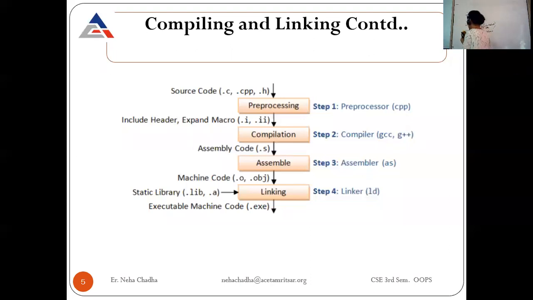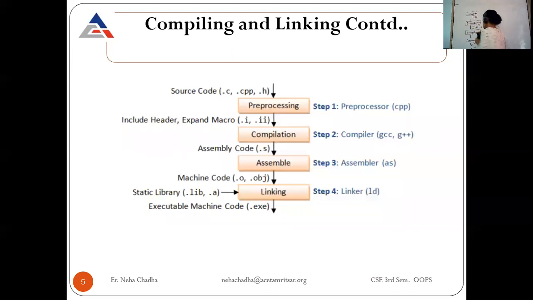Then after the compiler, assembly code will get generated. Your compiler will convert your high level language into assembly language, with the file name 1.s. Your file will get created.